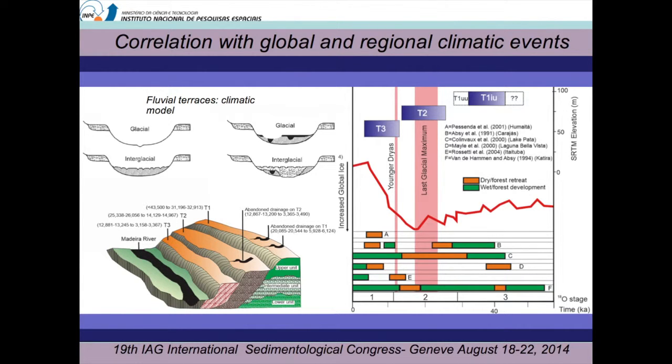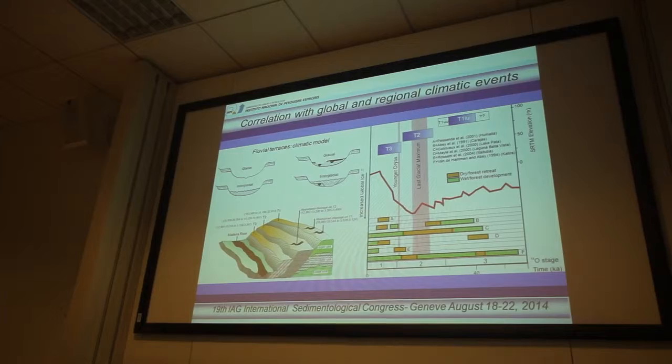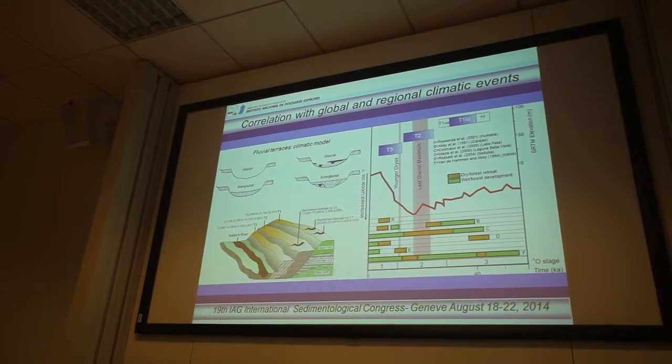For instance, terrace T2 formed mainly during the last glacial maximum, which is when we are supposed to have main terrace downcutting instead of sedimentation. Even before or after the last glacial maximum, you have a lot of sedimentation going on. So the terrace formation didn't care much about what was going on with climate in this area.